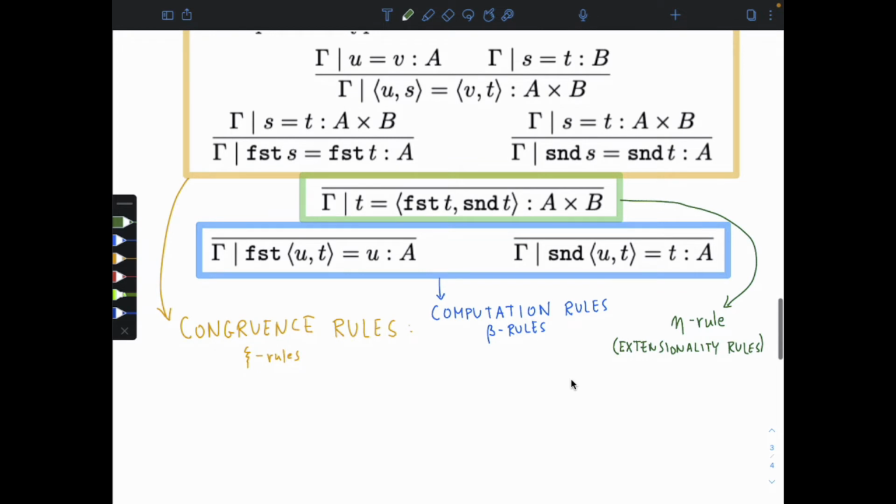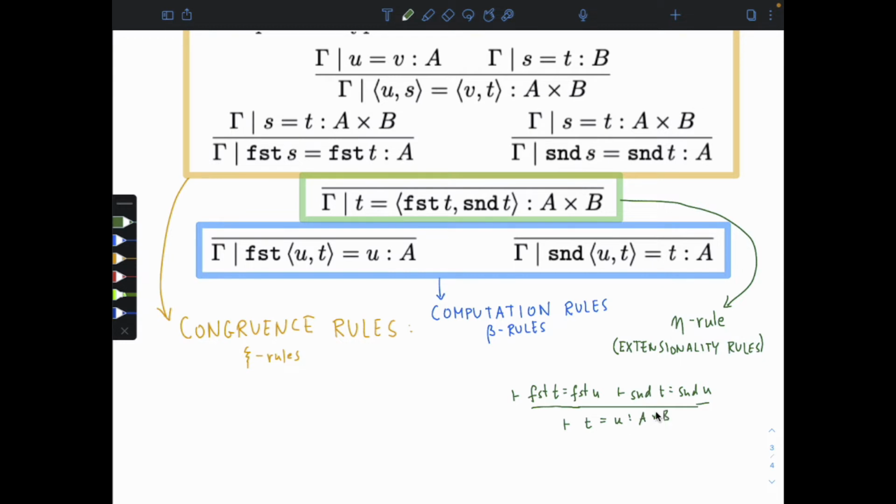So for this one, it would actually look like this. It would say that if first of t equals first of u and second of t equals second of u, I'm leaving out the gammas, then t equals u.